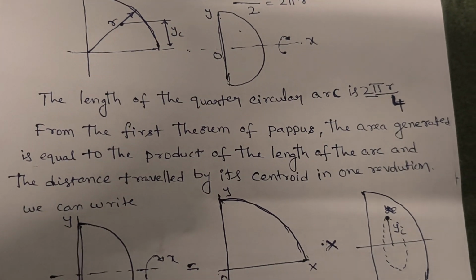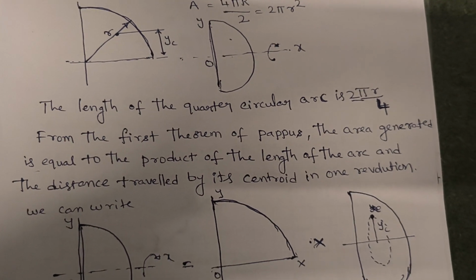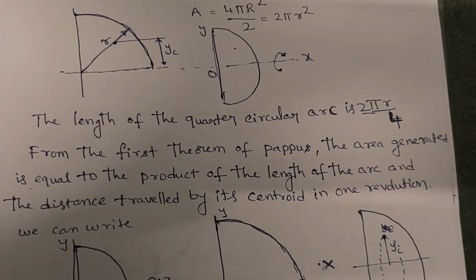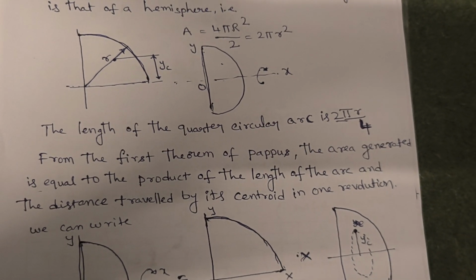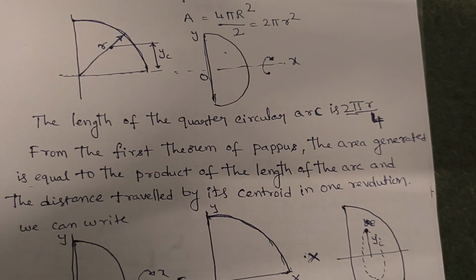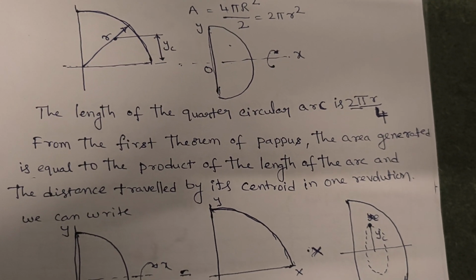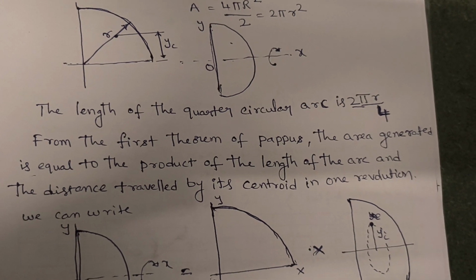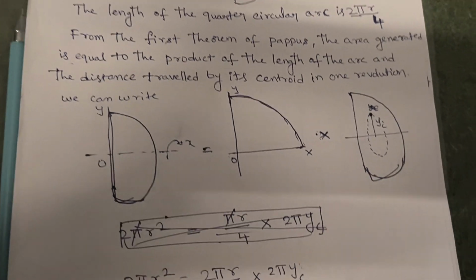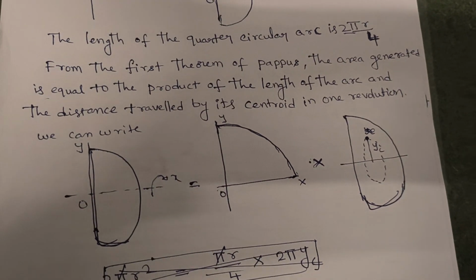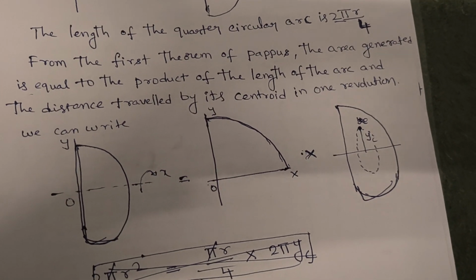Now, what is the first theorem of Pappus? According to the first theorem of Pappus, the area generated is equal to the product of the length of the arc and the distance traveled by its centroid in one revolution. Let us assume we are rotating the circular arc about the x-axis.